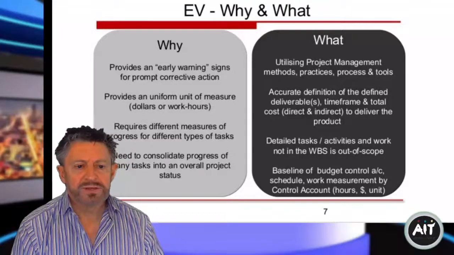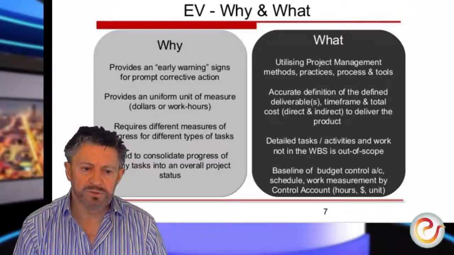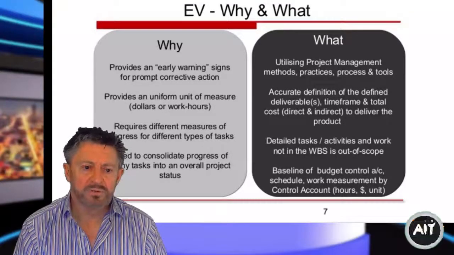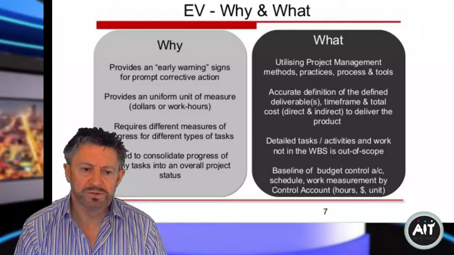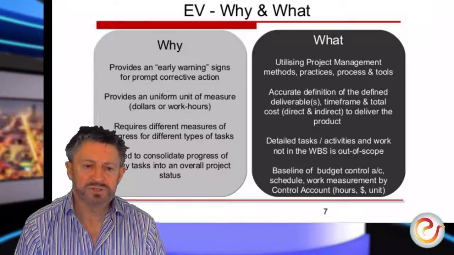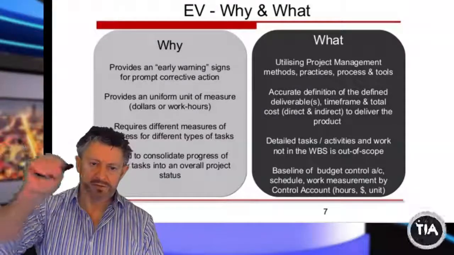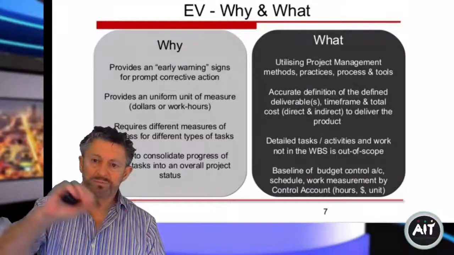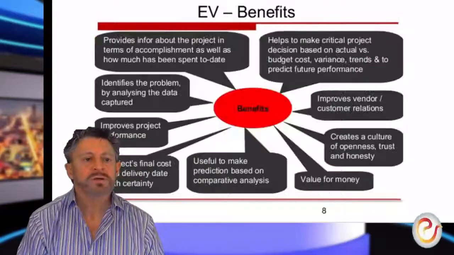And then what is the baseline of the project, of the budget control account: schedule, work measurement by the control account, hours, dollars, and unit. Okay, so we get a baseline budget. That's this famous S curve that I'm talking about. That's your roadmap for your project.